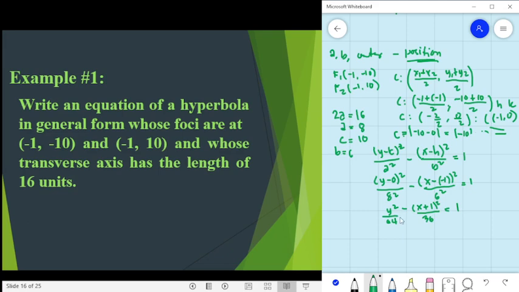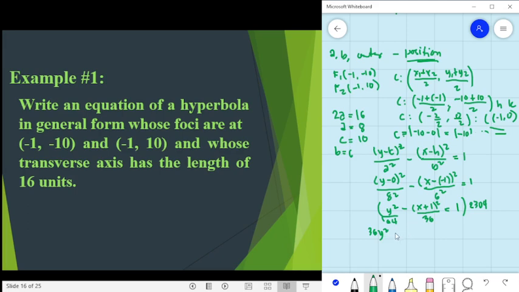And multiplying to eliminate the two denominators, 64 and 36, we are going to multiply everything by the product of 64 and 36, which is equal to 2,304. Okay, so 2,304 times y squared over 64. So the answer would be 36 times y squared.